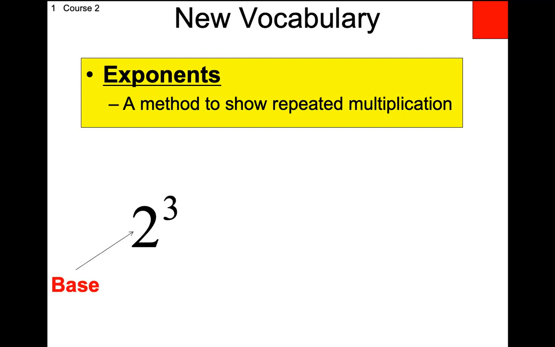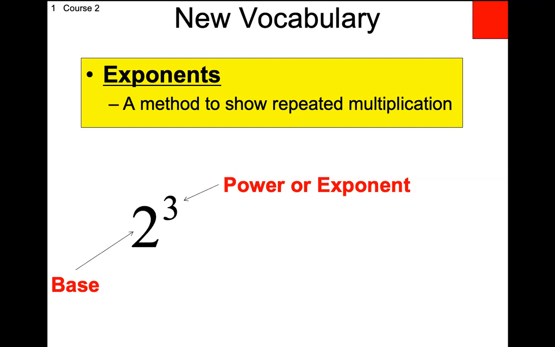That number is called the exponent or the power. It can be called the exponent. It can be called the power. When we read this, we say 2 to the 3rd power. We don't say 2 to the 3 exponent, but it is called the exponent. Altogether, the base and the exponent, that's what's called an exponential operation.